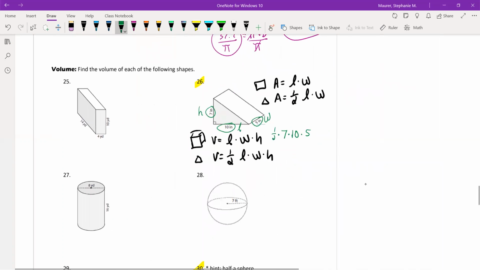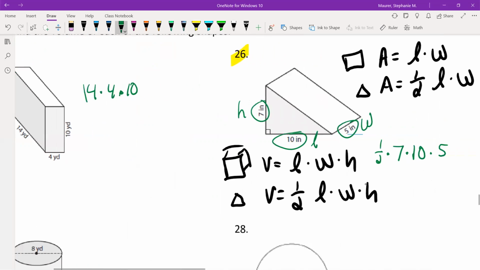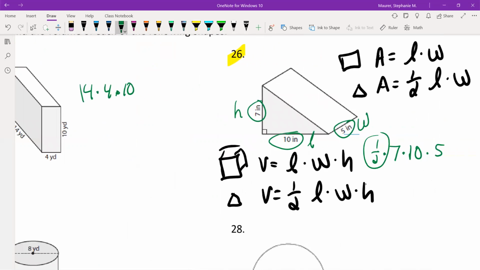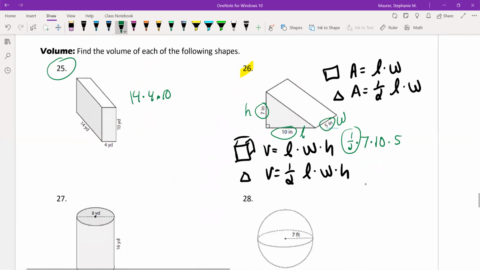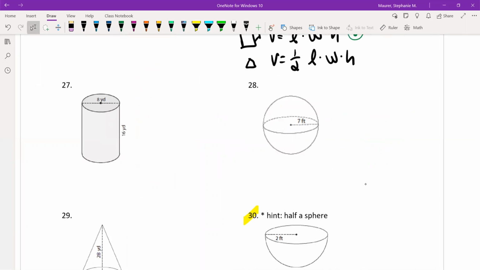Had it been just a rectangular shape like 25, doing your 14 times 4 times 10 would be enough because it's a rectangle, so length times width times height. But because 26 is a triangle, we do just have to add in that factor that we only want half of it. Okay. The rest of them, as long as you follow the formulas, you should be good.